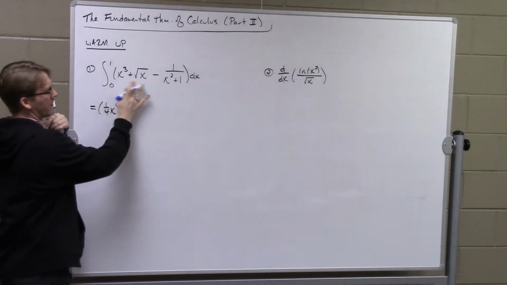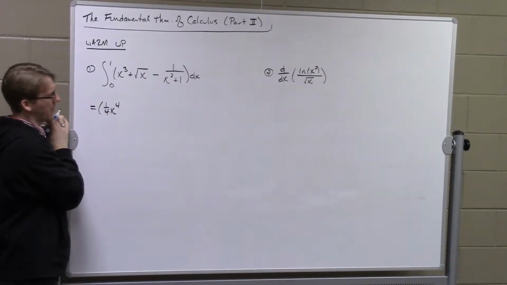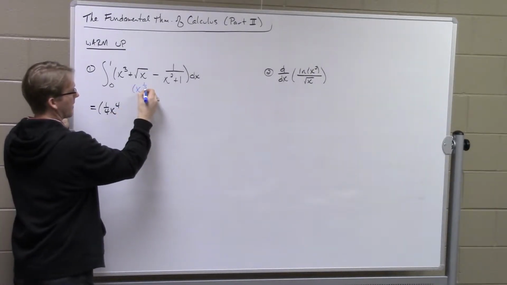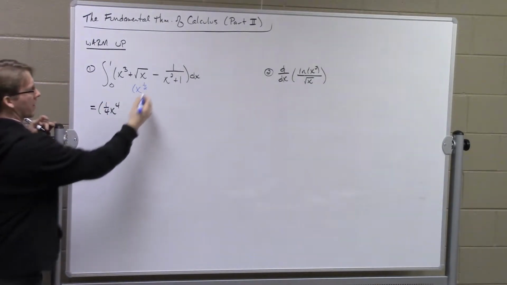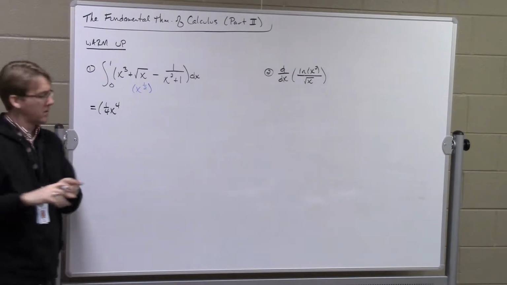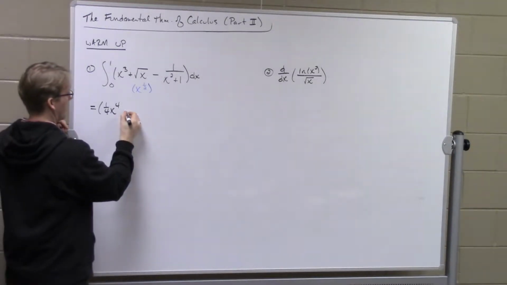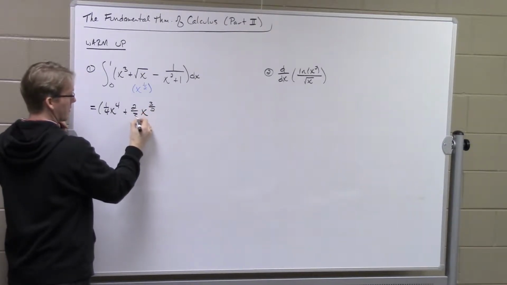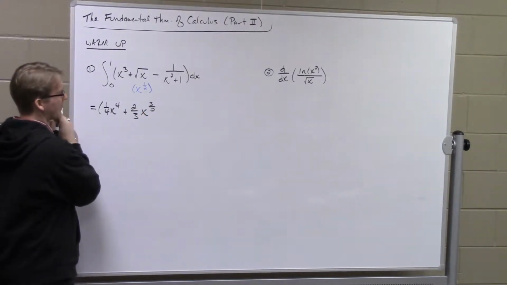Before we take the antiderivative of this piece, I'd rewrite it. Yeah, rewrite it to 1/2. I'd rewrite that as x to the 1/2 and then play the polynomial game. When you raise the power by 1, you'll get x to the 3/2, then multiply by the reciprocal and get 2/3, or divide, which is the same thing.